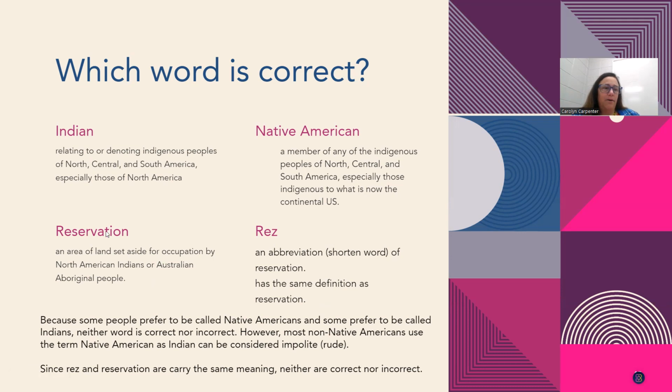Now, the bad thing about reservations, I mean, there's pros and cons to everything, right? But one of the things that I feel like I should say is that, considering Native Americans were here before we were, in my opinion, having them live on a reservation is not the proper thing to do.